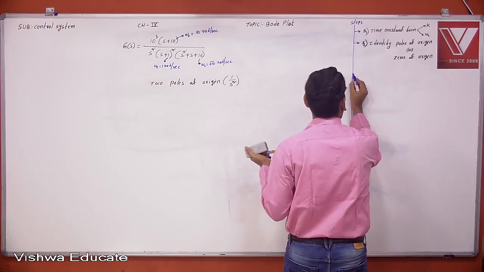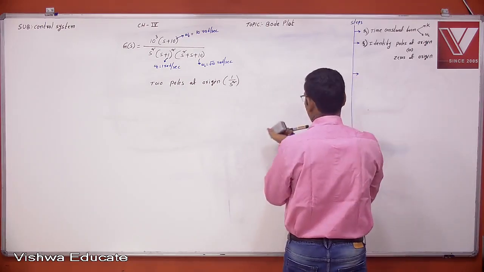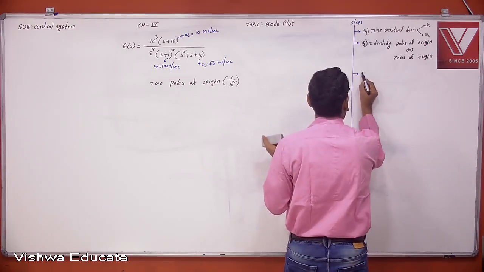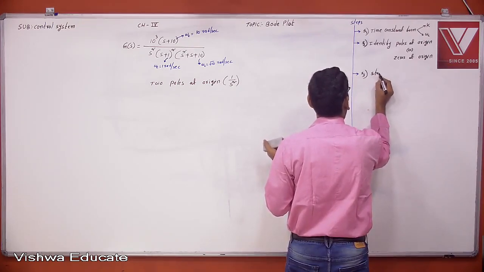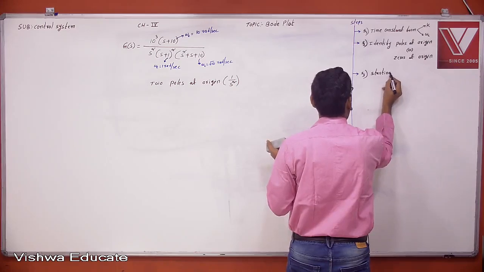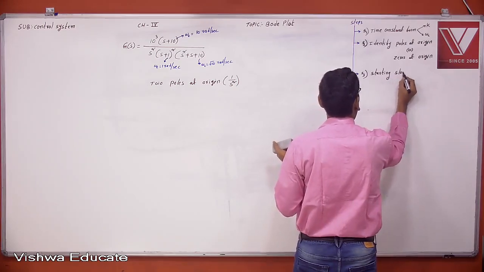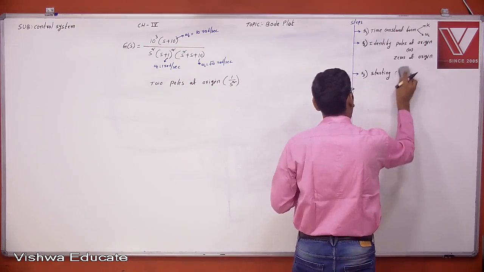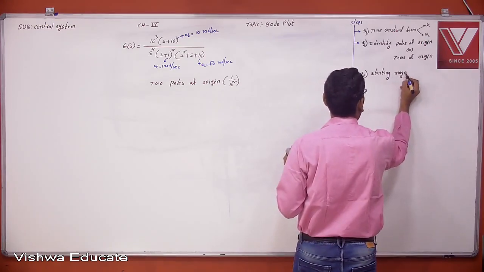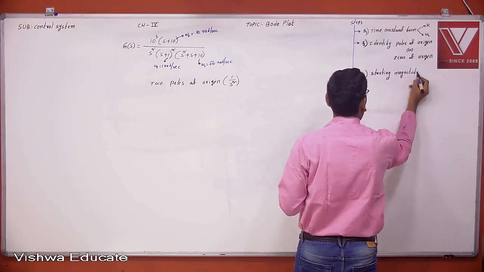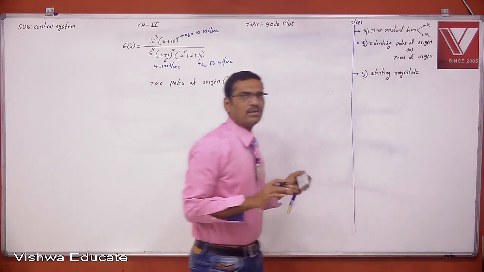Now step number 3. Step number 3 is starting magnitude. What should be the starting magnitude? In the y-axis, where we want to start the plot.